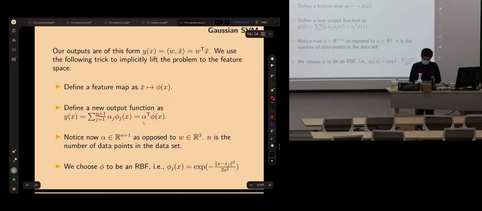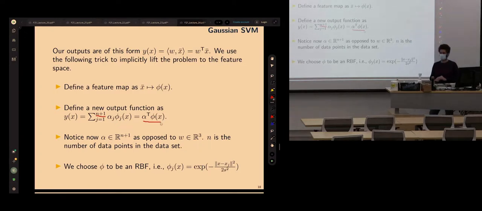Then you will have alpha transpose times phi instead of W transpose times x bar. Now notice that previously W was, in our example, a 3-dimensional vector, only 3 parameters. This alpha is n plus 1. Again, if you have 1,000 points, you need to estimate 1,000 plus 1 parameters for this new model.